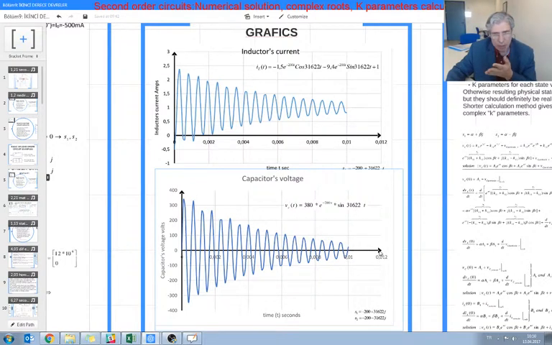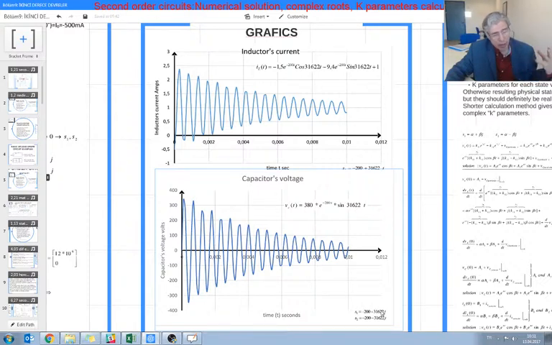The interesting thing is, we are observing the characteristic root's real and imaginary parts in our solution. The minus 200 is the real part of our characteristic root, and this 31,622 is the imaginary part of our characteristic root.